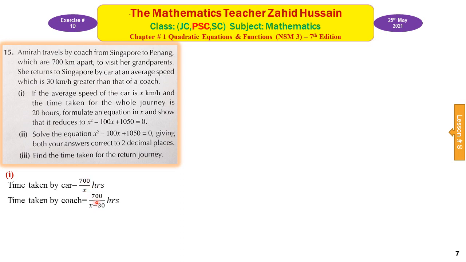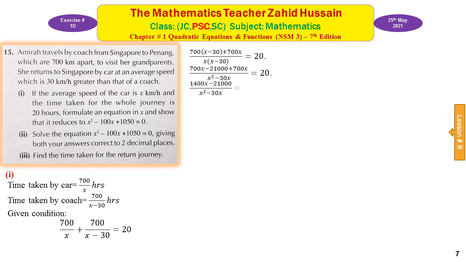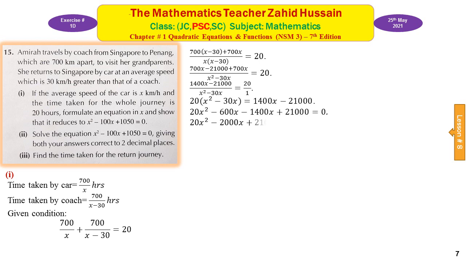The sum of these two times is given. This is equal to 20 hours. So we will use this condition to form an equation, simplify it, and show that the resultant equation is x square minus 100x plus 1050. So we will solve this by taking the LCM of the denominators, simplify, cross multiply, and get this equation: 20x square minus 2000x plus 21,000 equal to 0.